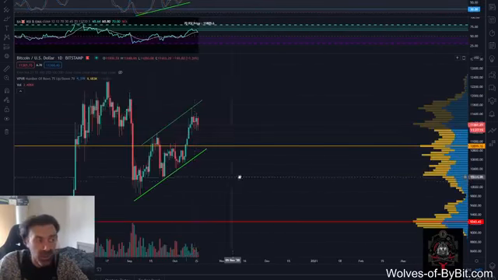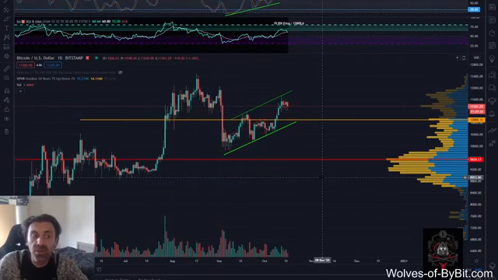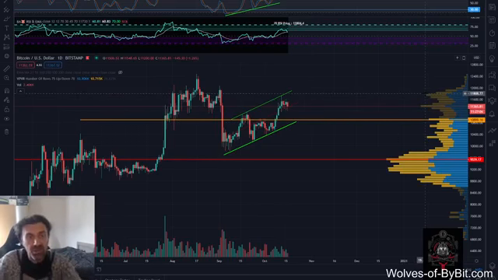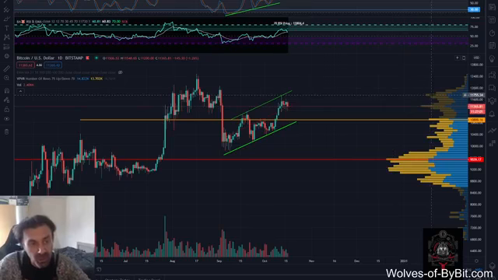Right now, we cannot say if we're going to break out to the top or break down to the bottom. We're stuck on this node here. Both directions are equally valid, and we're smack in the middle. We could not aim more in the middle than this. We're at 11,365, 11,400.